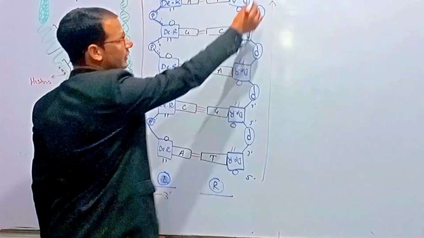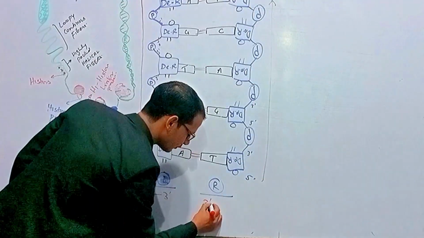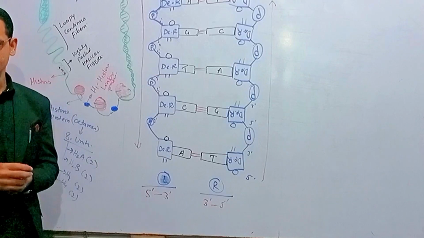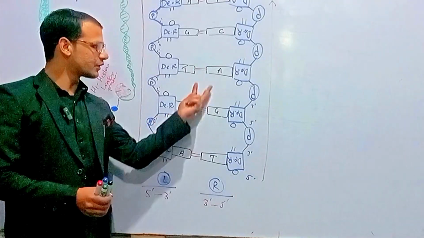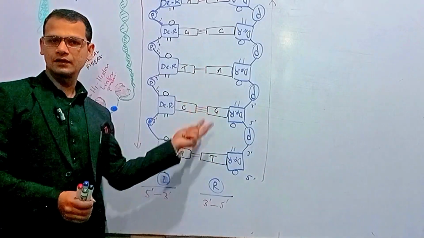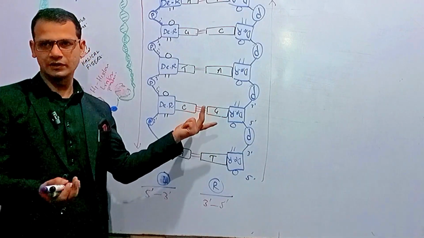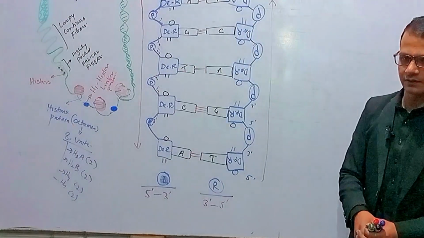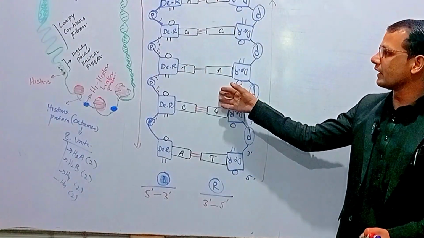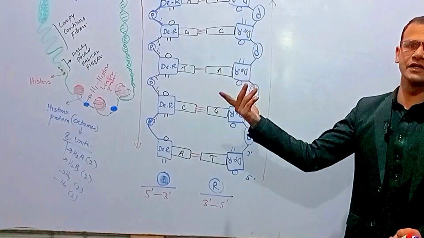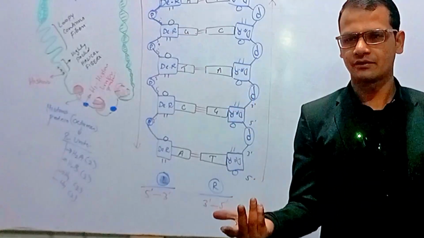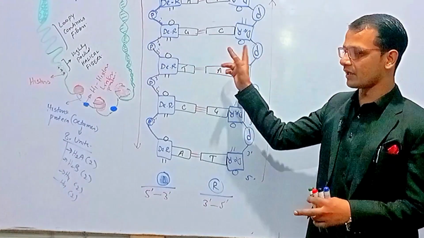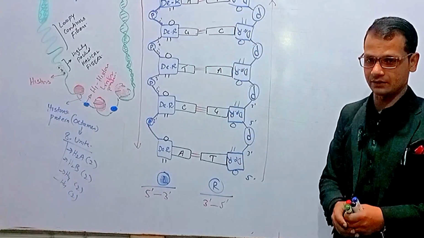And this right side strand is 3 to 5 end. These are the complementary strands. Complementary because all the nitrogenous bases are anti of each other, and thymine is always making bond with adenine, right? And all the DNAs are right stranded except Z form. Z form is left handed and the A and B forms are right handed, right?